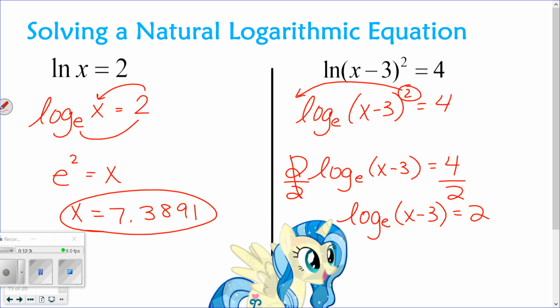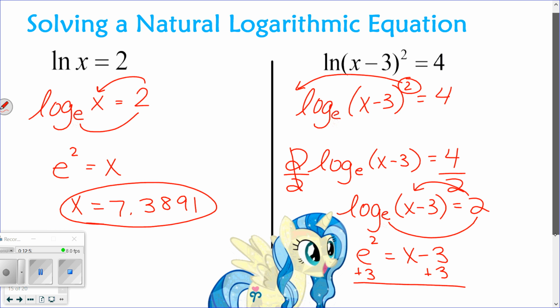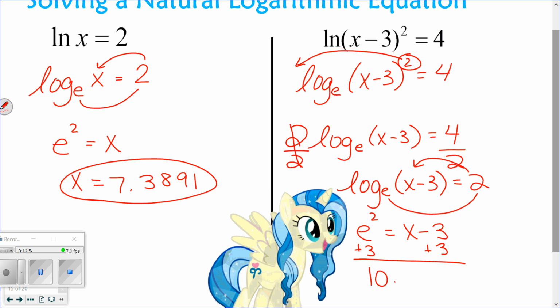This is easier. Take that exponent, put it out in front, then I can divide by it, and now it's a lot easier. So now I have e squared equals x minus 3. And then to get x by itself, we'll just add 3. 10.3891 equals x.